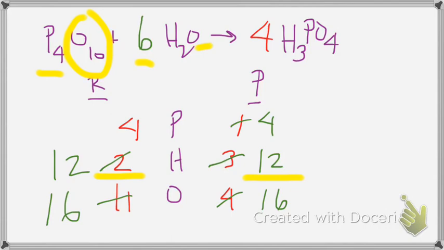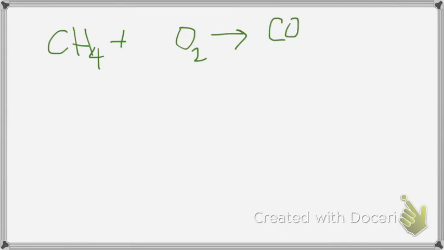Let's do one final example. And this is the combustion of methane gas. So in the combustion of methane gas, we have methane gas plus oxygen. The combustion of hydrocarbons gives off carbon dioxide and water.